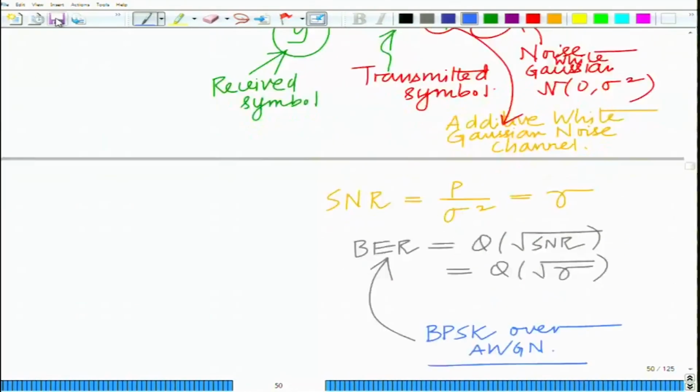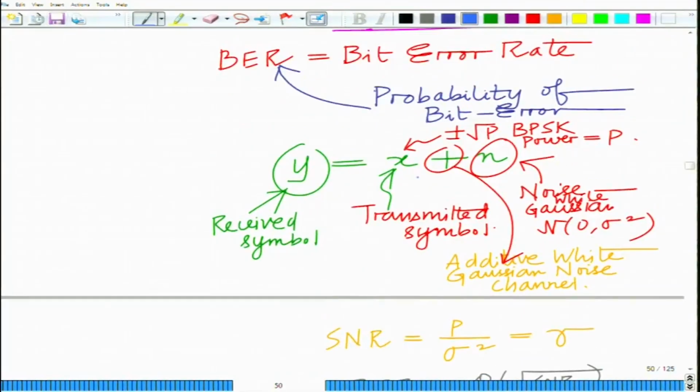Now, this additive white Gaussian noise model is generally associated with a conventional digital communication system in which there is a wire medium between the transmitter and the receiver. This is also known as a wired channel, a wire based channel such as the twisted copper pair or a coaxial cable, or your conventional telephone where there is a wire that connects the telephone to the local exchange.